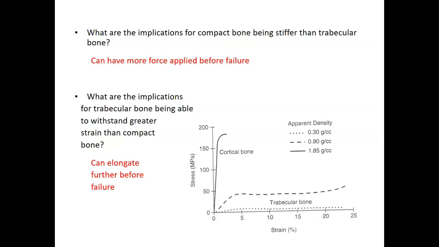So the compact bone is stiffer than trabecular bone. So the trabecular bone with force is going to deform easier. That helps us in a situation where we have an impact, so that compact bone is going to prevent fracture rather than the trabecular bone. But the trabecular bone handles strain better.